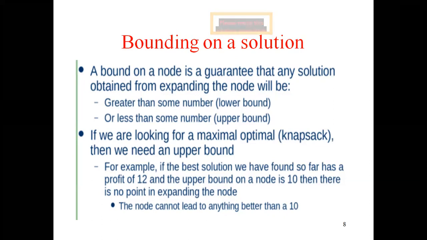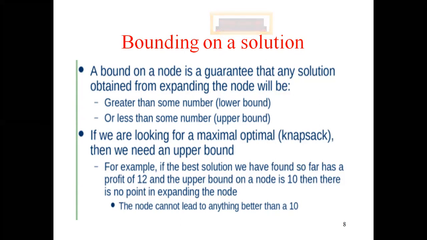A bound on a node is a guarantee that any solution obtained from expanding the node will be greater than some lower bound or less than some upper bound. If we are looking for a maximal optimal knapsack problem, then we need an upper bound. Why do we need an upper bound?